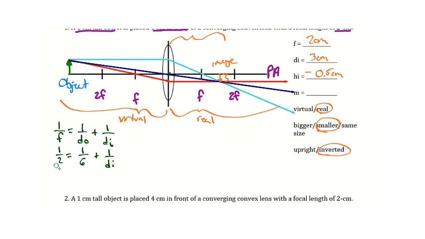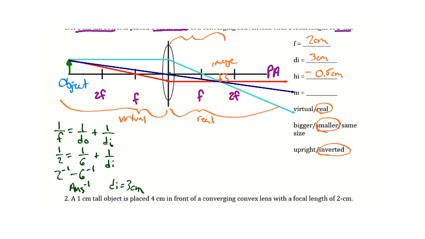So what I would type in is this: 2 to the negative 1 minus 6 to the negative 1, because we want to bring it over. Press enter. After pressing enter, you're immediately going to hit the negative 1 button again, and you're going to see answer to the negative 1 appear. You're going to press enter. And when you do that, you're going to get 3 centimeters.